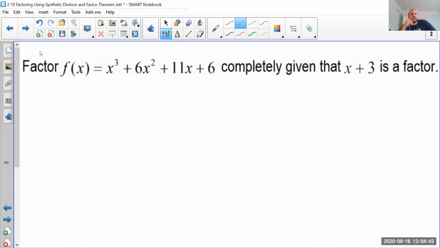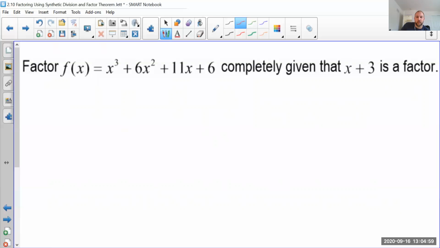So it says factor this polynomial, f of x, completely. Okay, completely break it down into as many factors as we possibly can. All right. Given that x plus 3 is a factor.